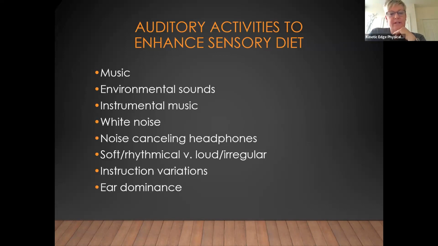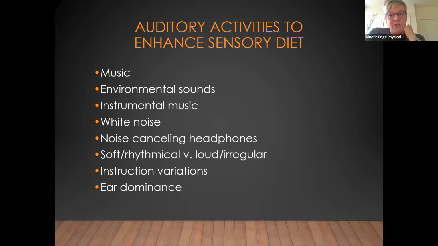Auditory activities. So again, considering what music you use. If you want the music to be calming, 50 to 70 beats per minute would be considered calming, because it would match the child's heart rate. And so using that, sometimes metronomes can be really helpful and calming.